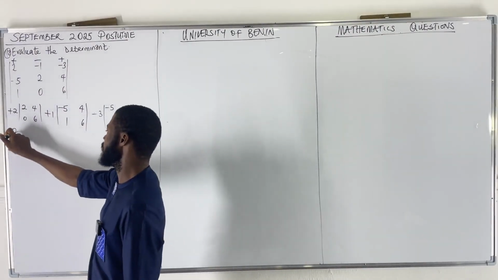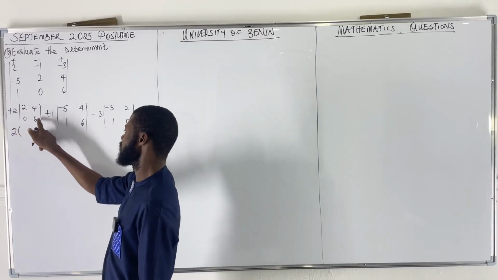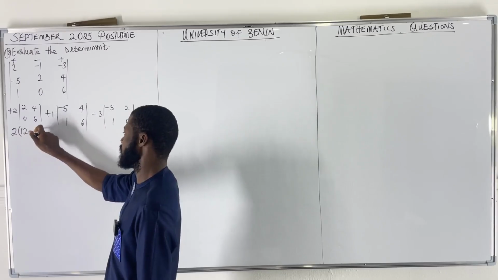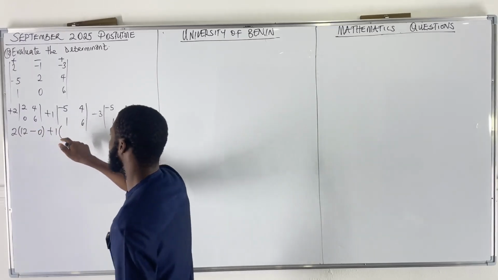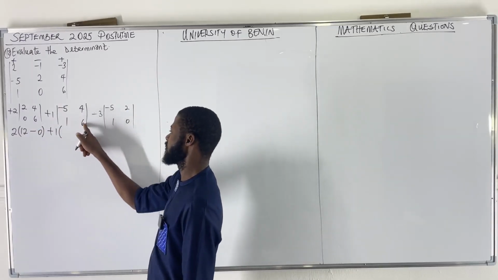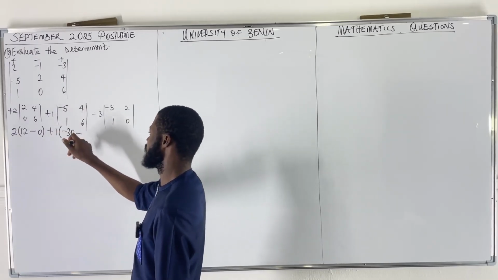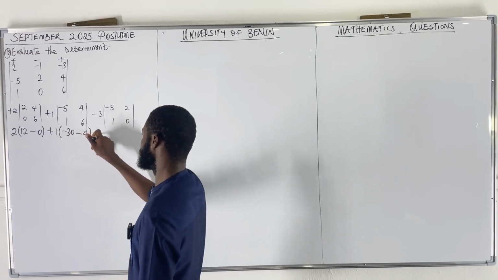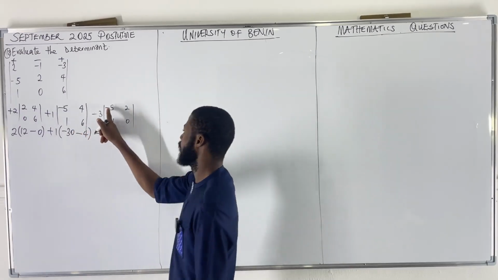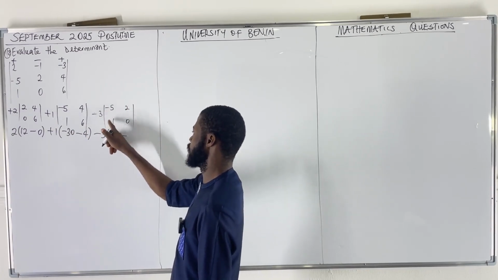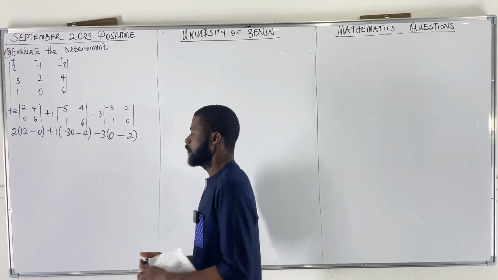So this will be 2 brackets: 2 times 6, that's 12, minus 4 times 0 is 0, plus 1 open bracket, minus 5 times 6 is minus 30, minus 4 times 1 is 4. Then minus 3 into minus 5 times 0 is 0, minus 2 times 1 is 2.